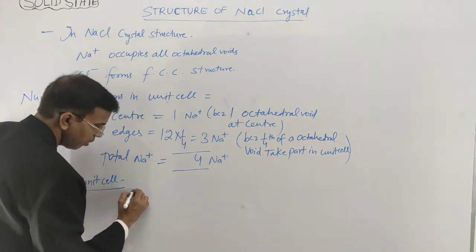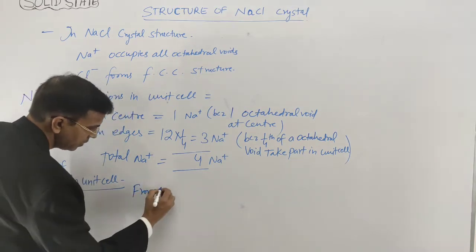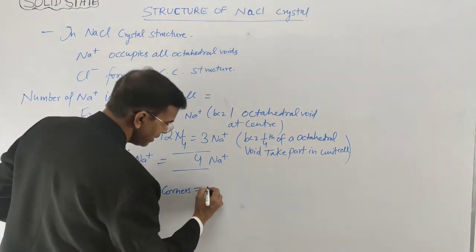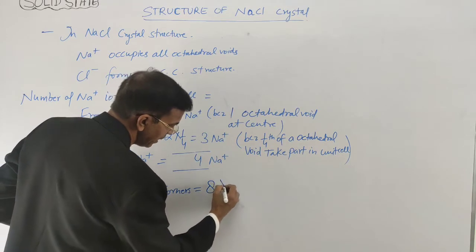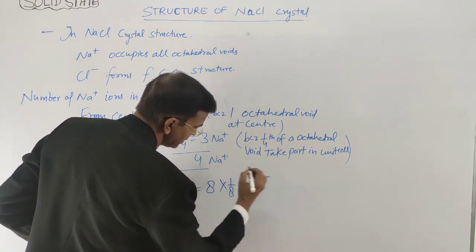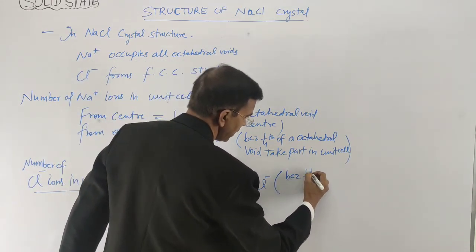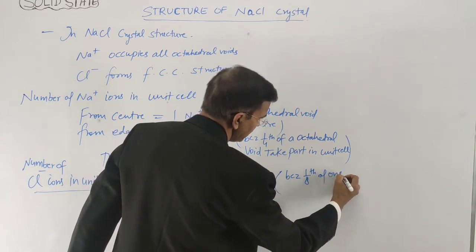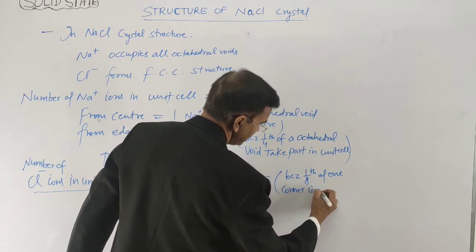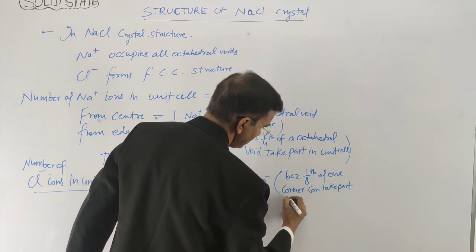From the corner, because FCC structure forms, it is 8 ions, and 1/8 part. That means 1 Cl negative, right? Because 1/8 part of one corner ion takes part in the unit cell.